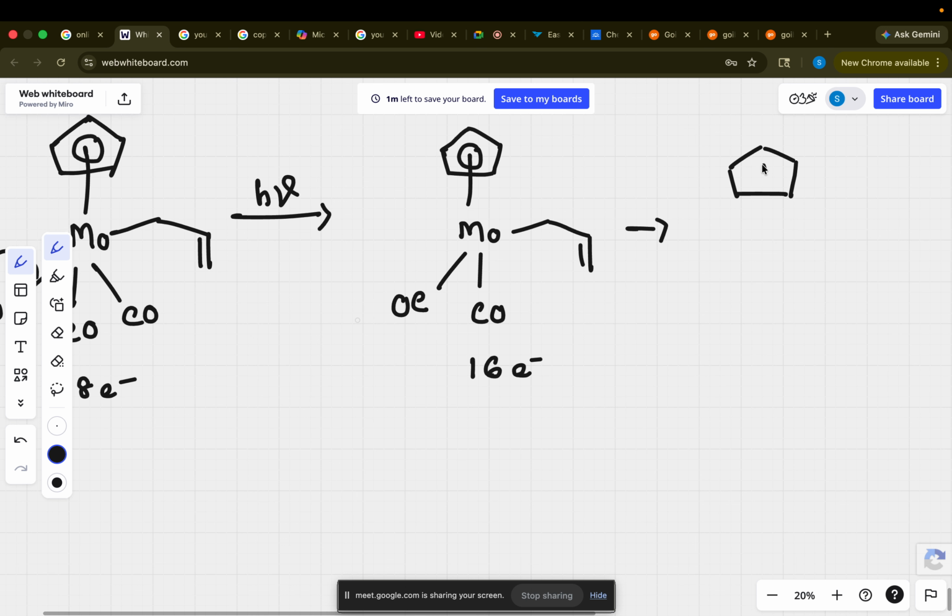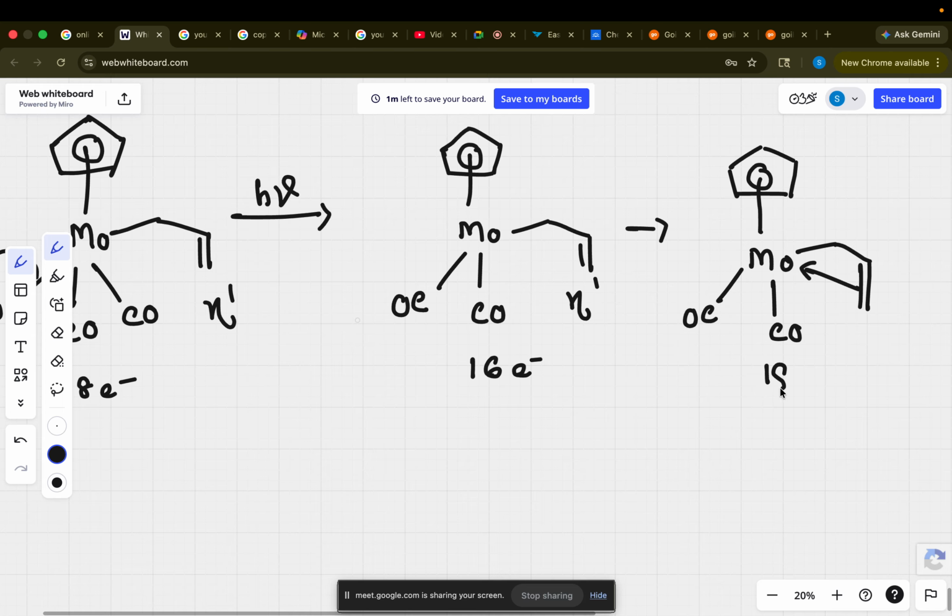Here this ligand is your eta 1, here also it is eta 1. So 1 2 3. This double bond donates electrons to the molybdenum center, and here you have two carbonyls, right? So again I am getting 18 electrons, and it is now becoming eta 3. That's it.